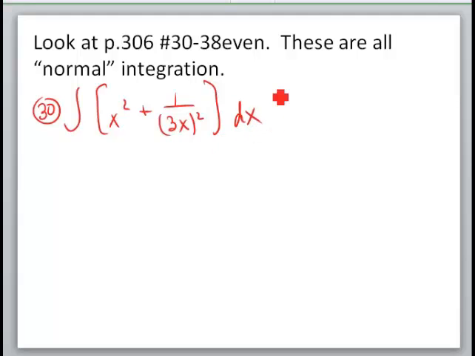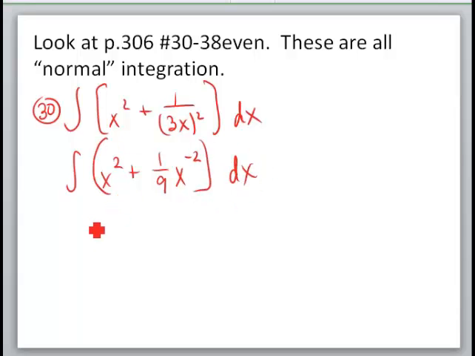Now, even though there's a set of parentheses, these do not require substitution because we know how to integrate this. We have an x squared, we can integrate that function, and we have a, this would be a 1/9 x to the negative second, and we know how to integrate that as well. So this would just straight out be, let's integrate this, x to the third over 3 plus 1/9, raise it by 1 and put it over that power, plus c.